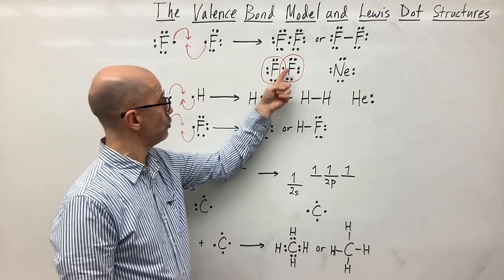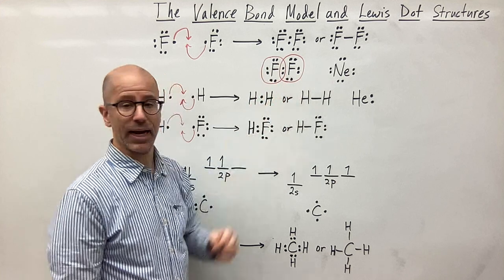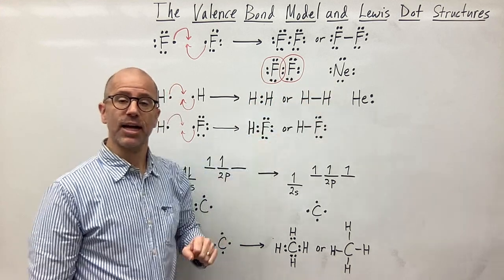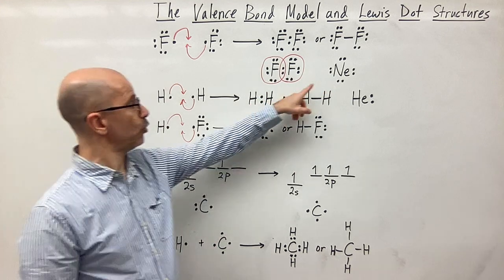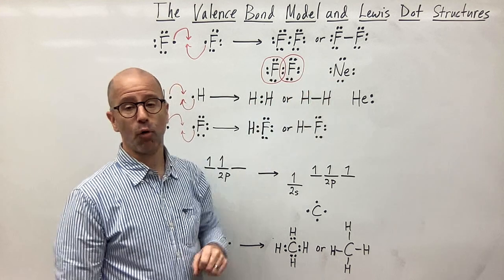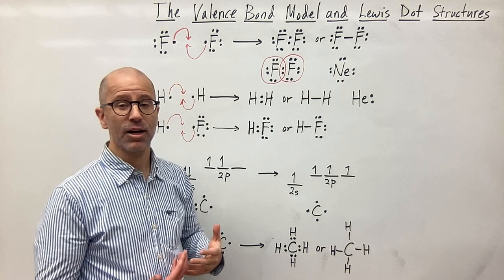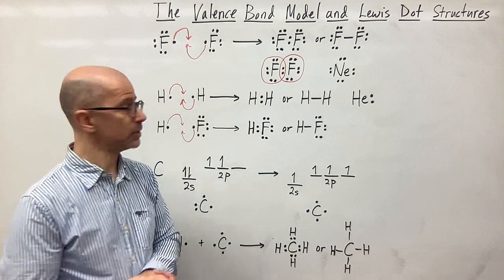Okay, and so you can see that now each fluorine has a full octet like the noble gas. So neon here has a full octet, as we saw, or the noble gases have a full outer shell and therefore are stable. They're not going to react very much. They're not really going to form compounds with other elements.